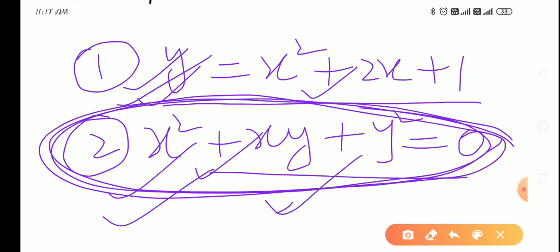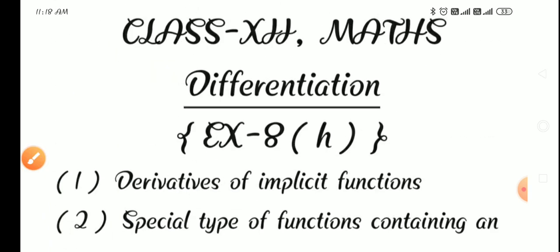Now how can we find the derivative? And a special type of function containing infinite expression, that also I will tell you in one question. So some questions of exercise 8H I am taking, so that you can understand how can we find derivative of implicit functions and a special type of functions containing an infinite expression.